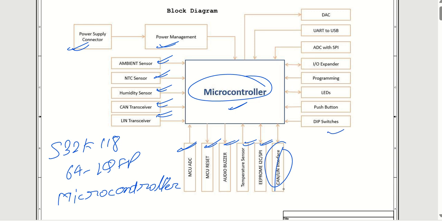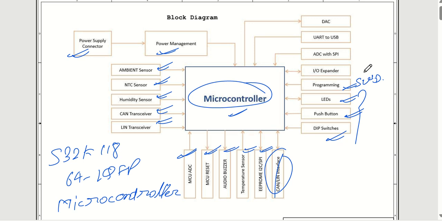Then we have DIP switches, push buttons, and LEDs for user interfaces. We have a programming connector with SWD wiring, which we will see. Then we have an IO expander. If you are running out of GPIOs, I have put one IO expander using SPI, and in that case you can increase up to around 16 extra GPIOs.